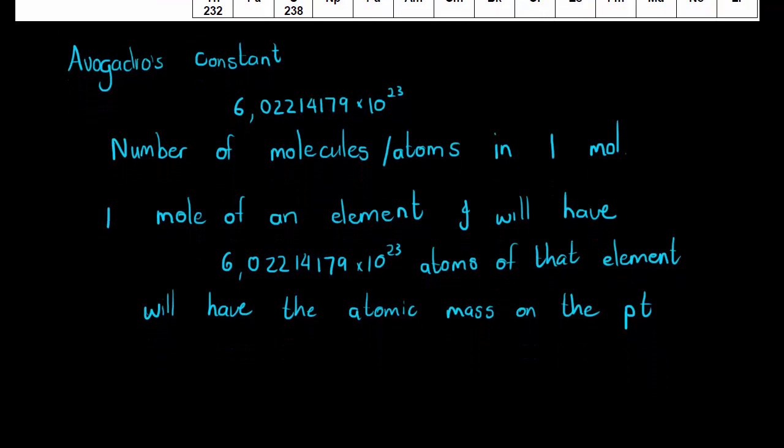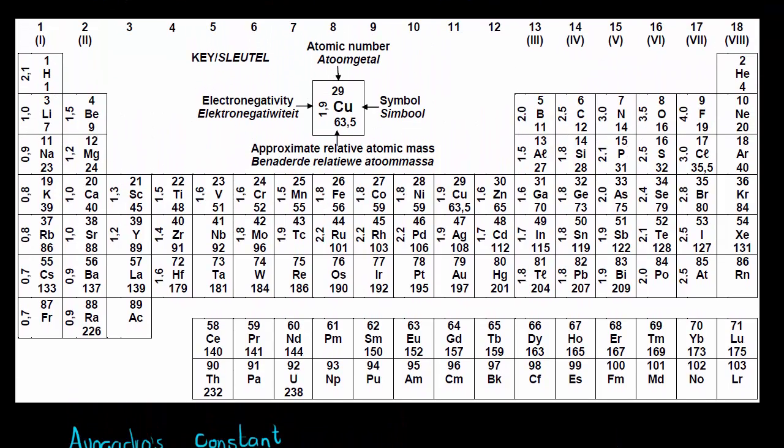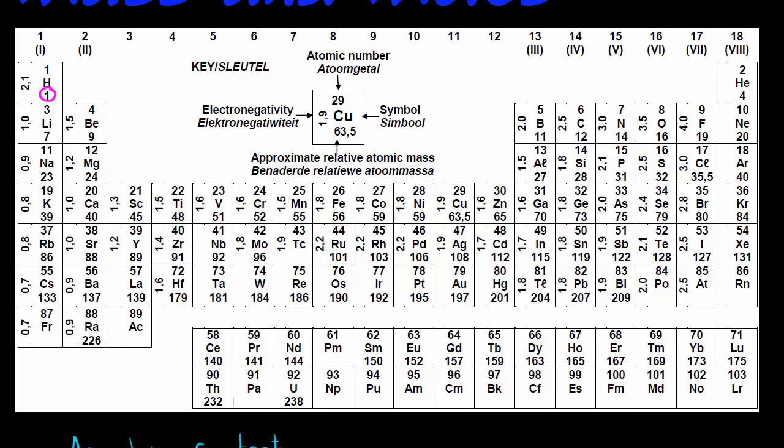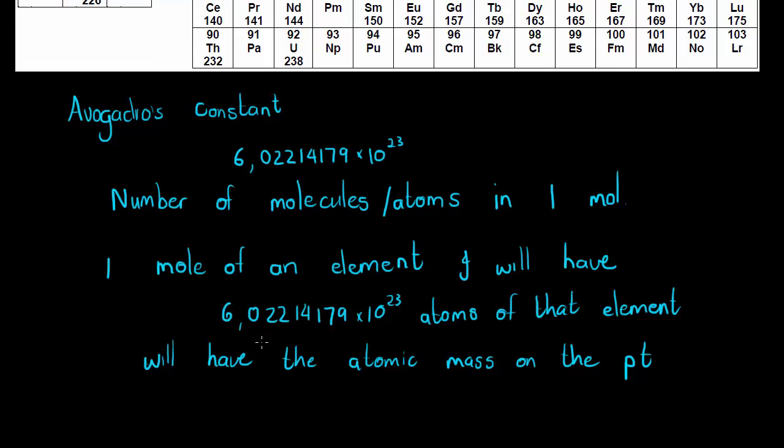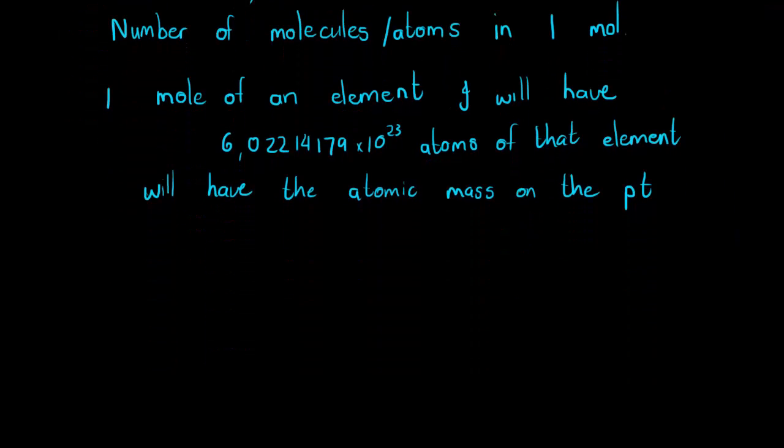In other words, hydrogen has an atomic mass of 1. That means if I have 1 mole of hydrogen, in other words 6.02214179 times 10 to the power of 23 atoms of hydrogen, I will have 1 gram of hydrogen.